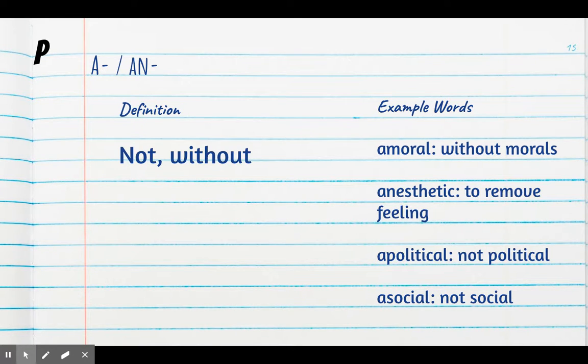Anesthetic is something that removes feelings, right? So it's without feeling. Apolitical, if someone says that they're apolitical, it means that they are not political. They don't get involved in politics. And then asocial would be someone who is not social, right? Someone who doesn't participate in social events. And again, if I'm going too fast, go ahead and pause the video and then resume when you're ready.